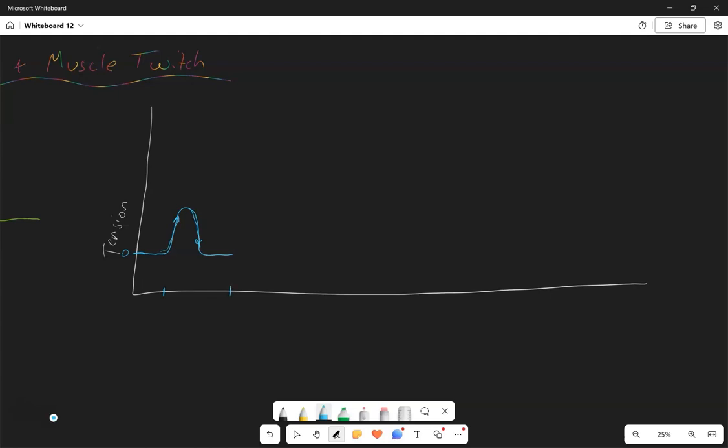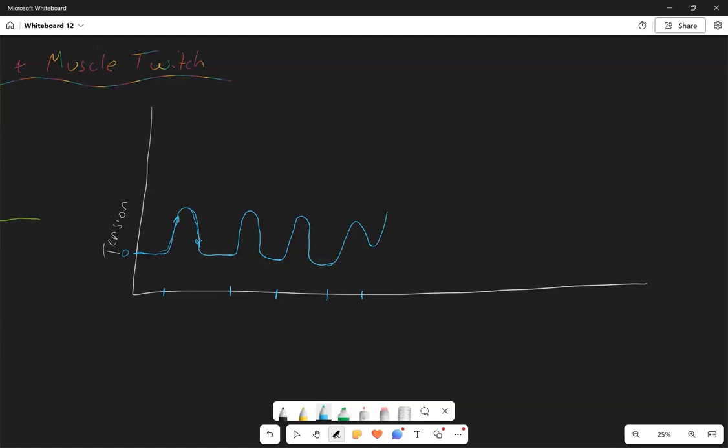What happens if I send another signal? Same thing. It goes up, comes down, and goes back to the relaxed state. Send another signal, same thing. But what happens if I send a signal, the muscle comes up, starts to contract, then starts to relax, but before it relaxes, I send another signal?